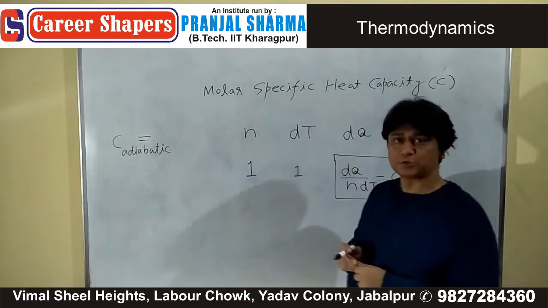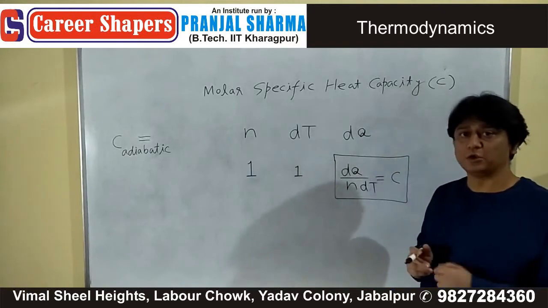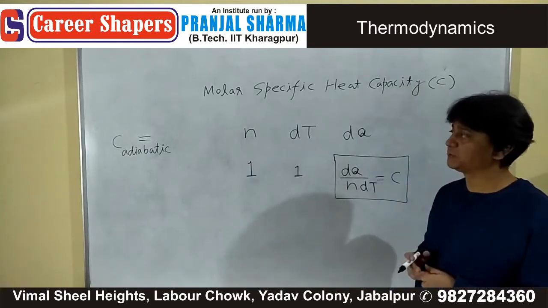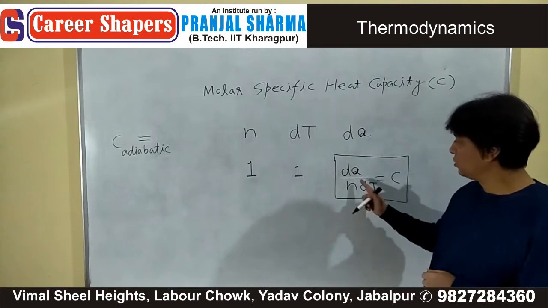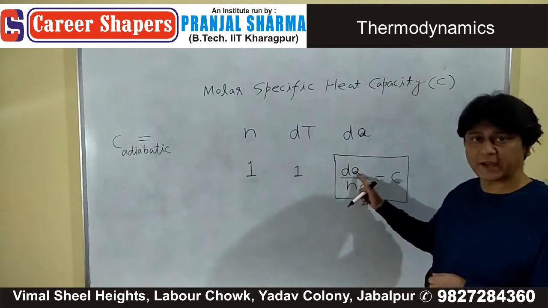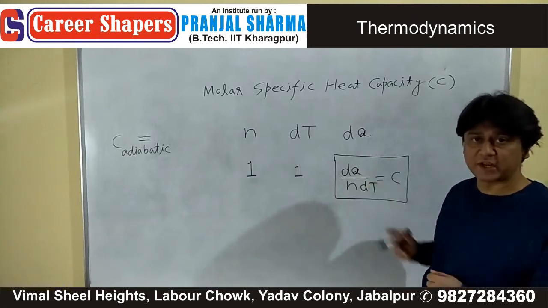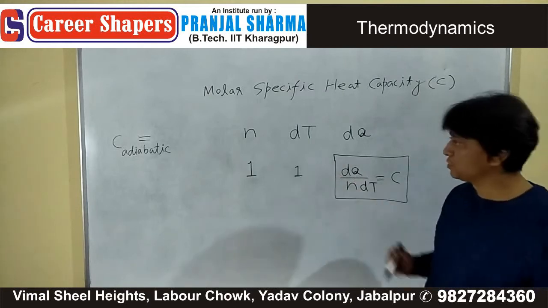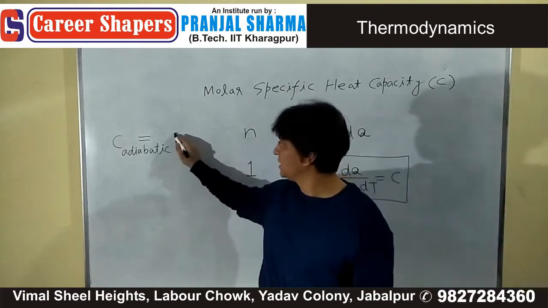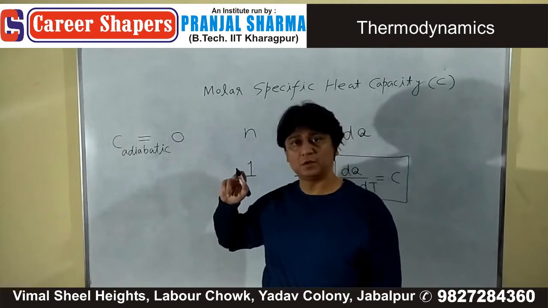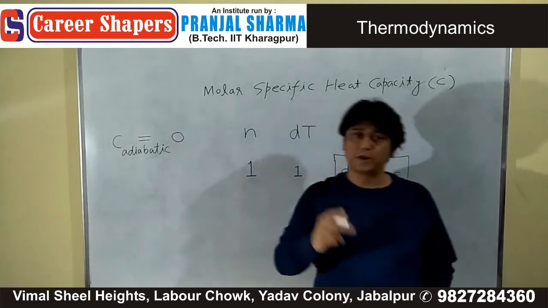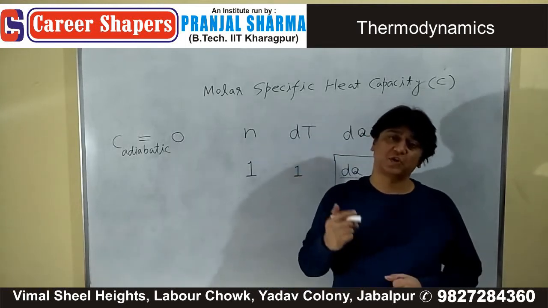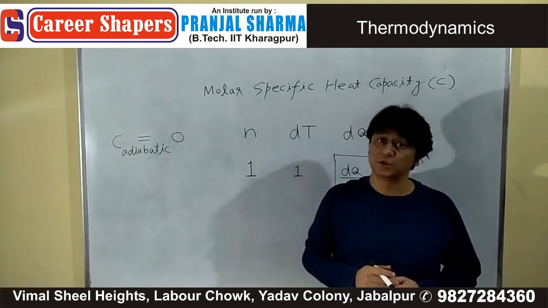What is an adiabatic process? In an adiabatic process, no heat transfer takes place with the surrounding. That means what is dQ? 0. If dQ is 0, then C is what? 0. For an adiabatic process, molar specific heat capacity is 0.